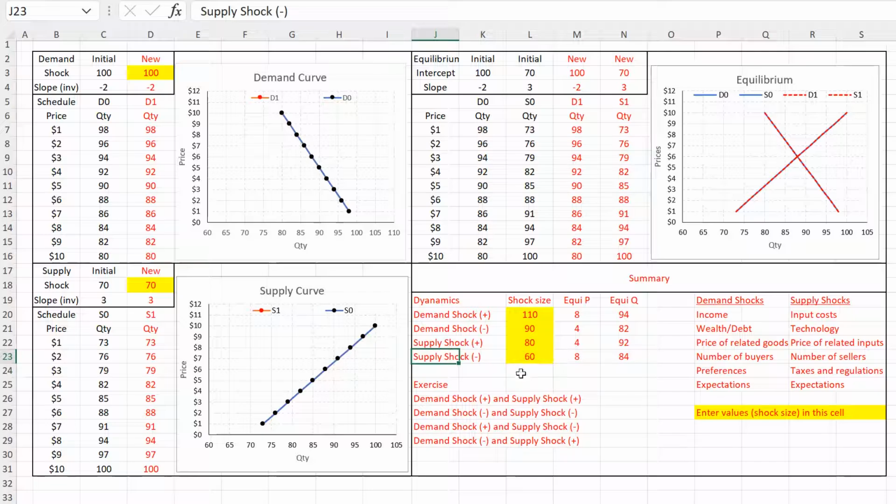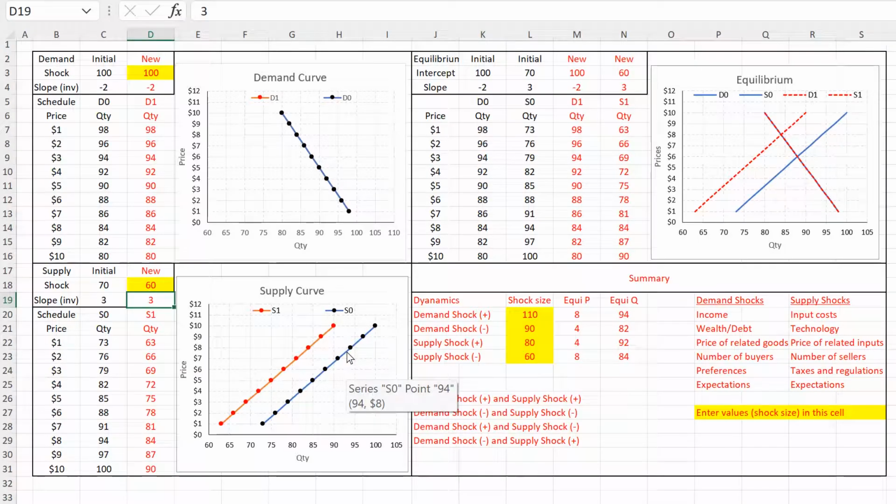This is going to lower the incentive for the businesses to supply this product because it's more costly to manufacture this product now. In terms of numbers, it's going to be a lowering of the supply. In terms of the graph, notice that the supply curve is going to shift left.